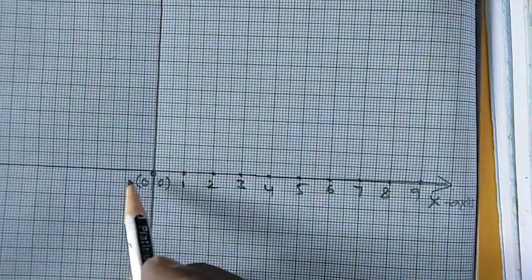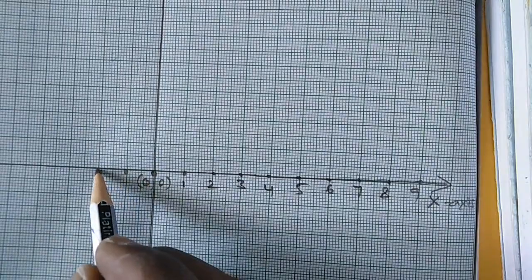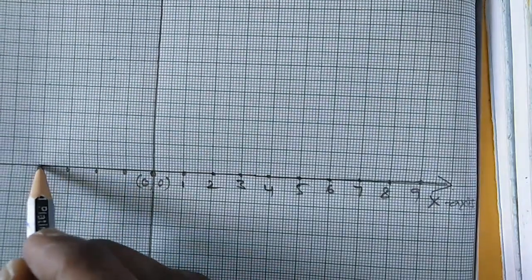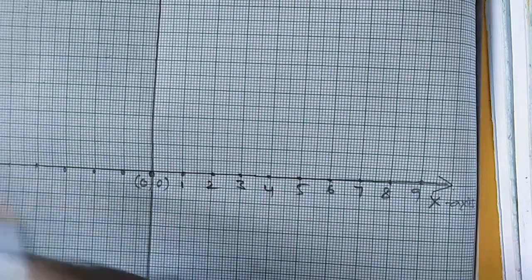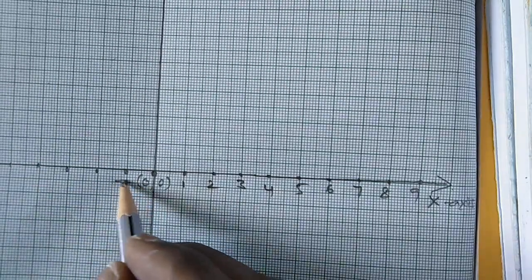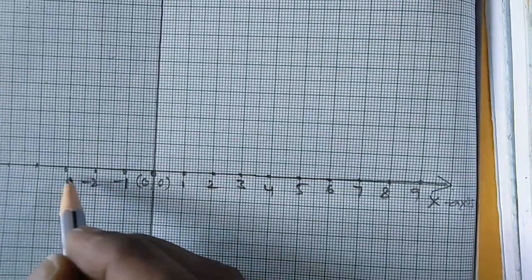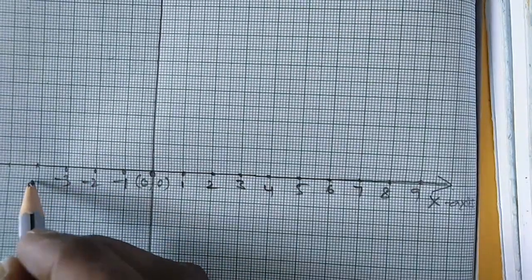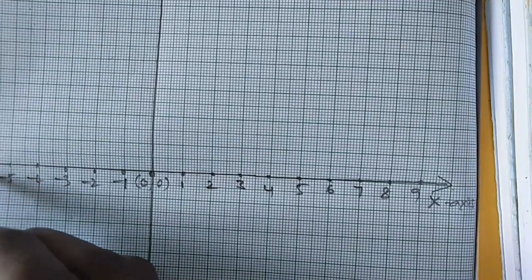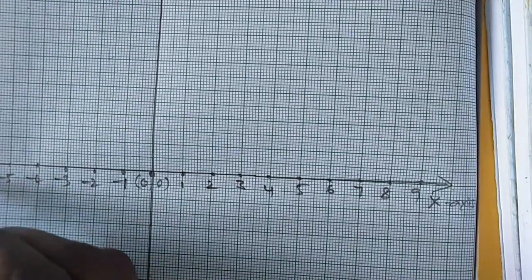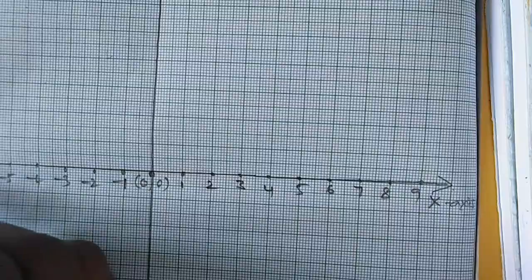Then on the left side you also have to mark negative numbers. So the left side will be -1, -2, -3, -4, -5, -6, -7, -8.